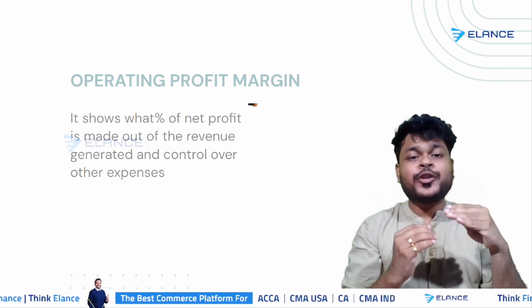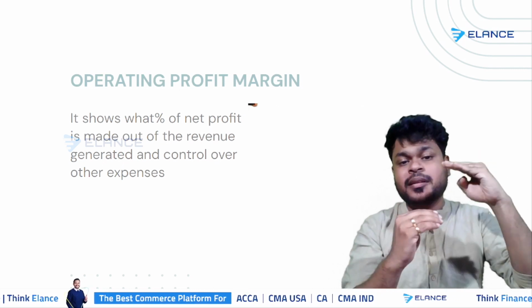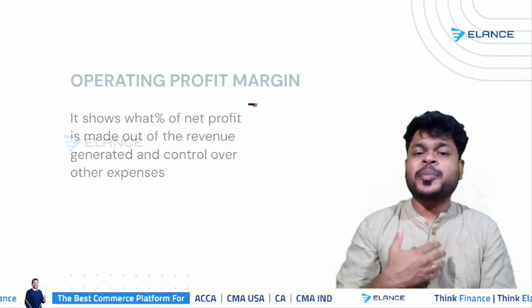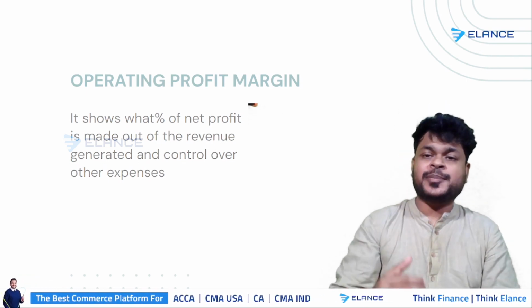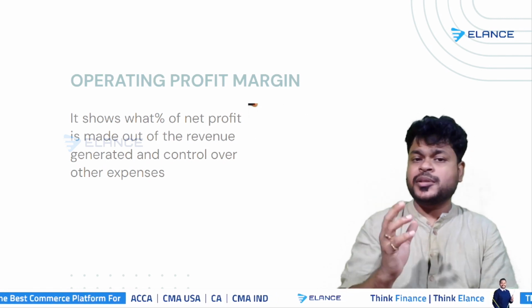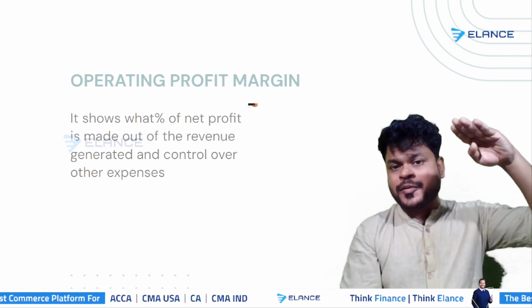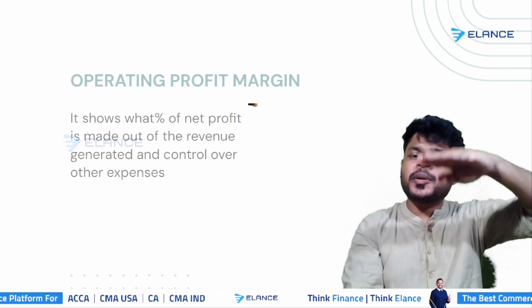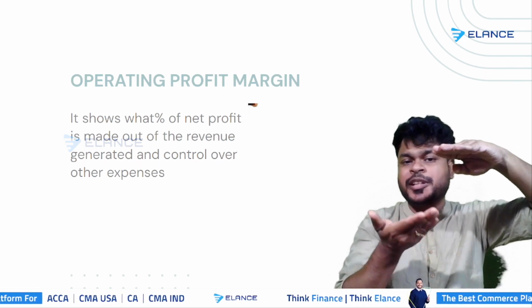So you have to check the gap between the gross profit ratio and the net profit ratio. Whenever you are taking up operating profit margin and explaining it in your ratio analysis, the first thing that should come to your mind is that if your gross profit ratio has fallen, automatically your net profit ratio will fall. If your gross profit ratio has increased, automatically your net profit ratio will increase.